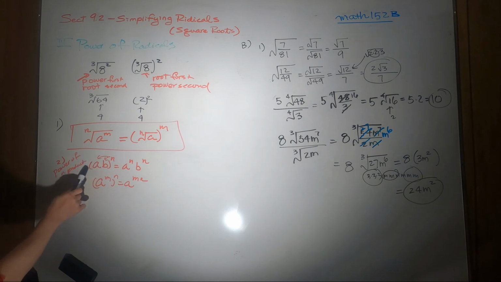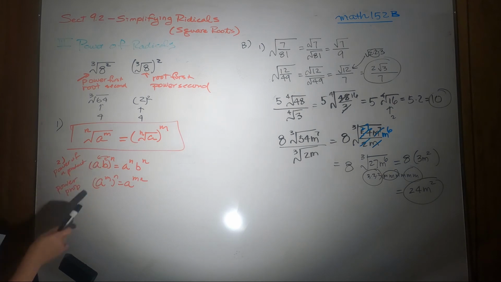Also, if inside is a radical and you have an nth power, you need to distribute the nth power to everything inside, even if they are radicals.